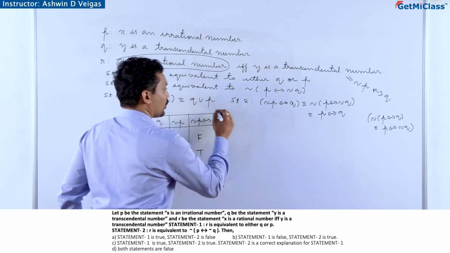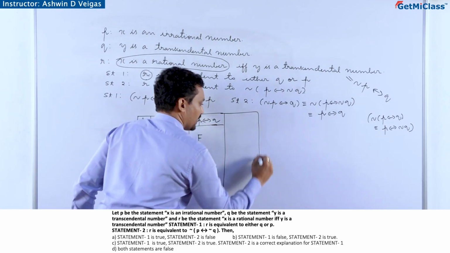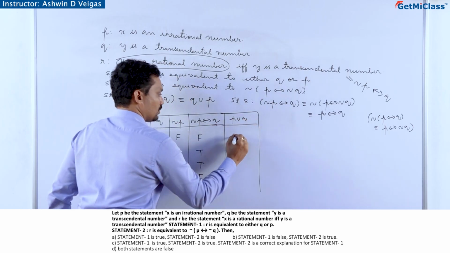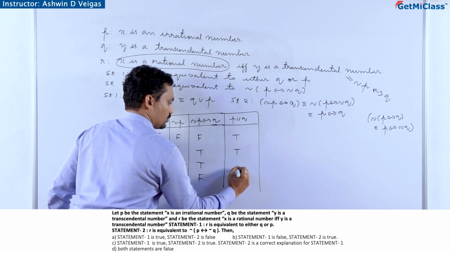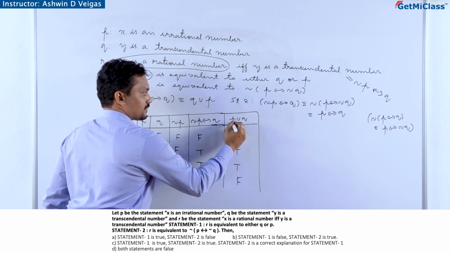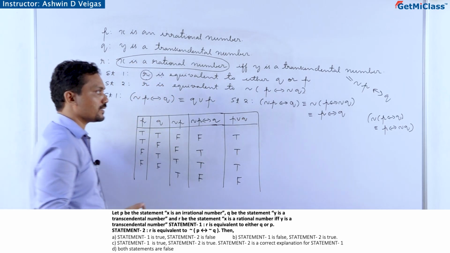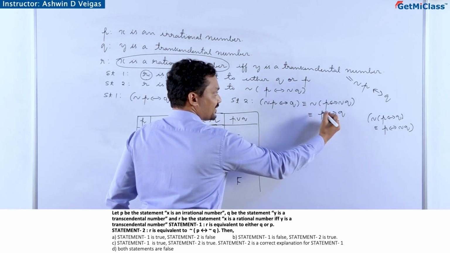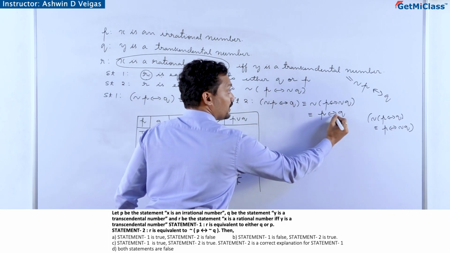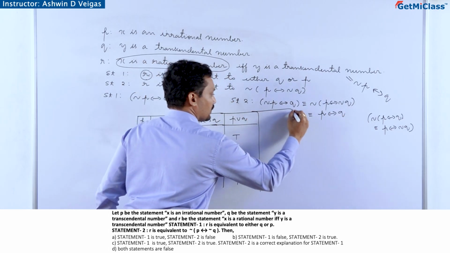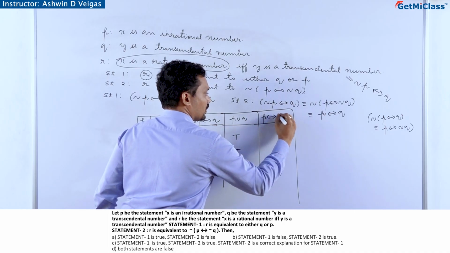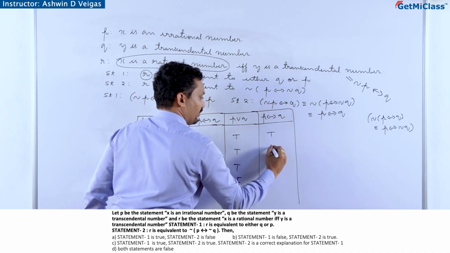P or Q is one and the same and it is standard: true, true, true, F. OR is a standard table. Similarly, I simplified this to this because P if and only if Q is a standard table. So, if you go for P if and only if Q, this is T F F T.